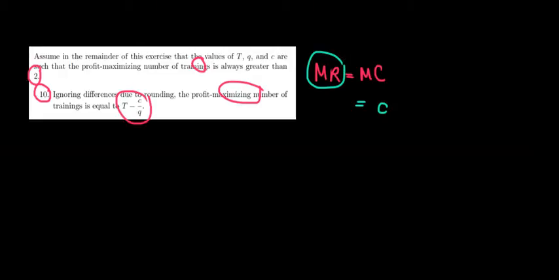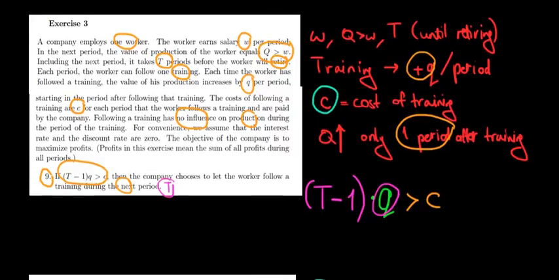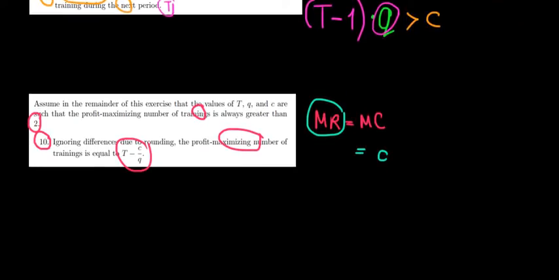Well, we know that marginal revenue has to deal with an additional revenue, an increase in revenue. And the revenue depends on the production. So the additional production that we're speaking about, because that production is what we sell on the market. That makes us money. And we can see that this is our additional production. Q is the marginal production for every training that we incur. So if we get an additional production Q for the training, the question is, how much are we gonna get?